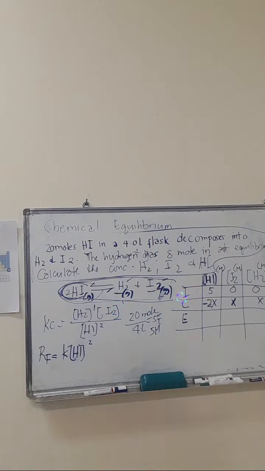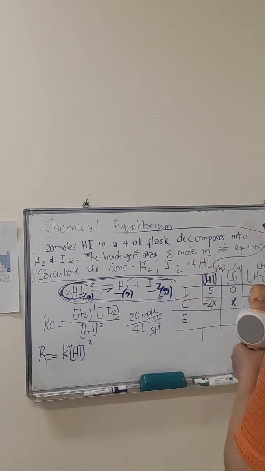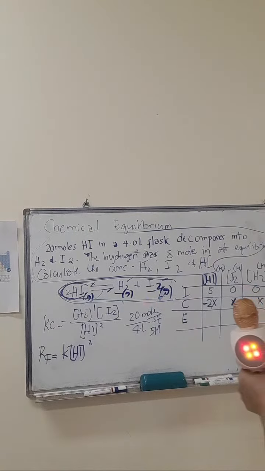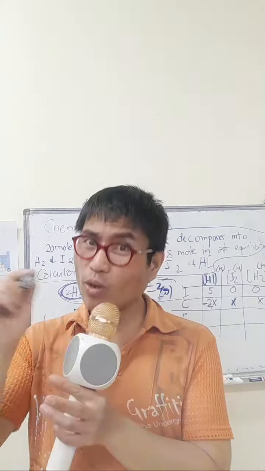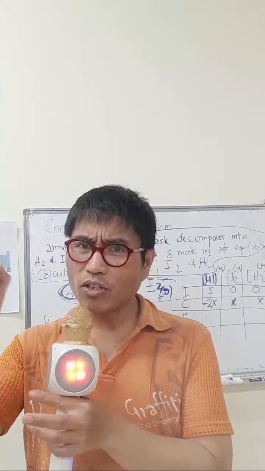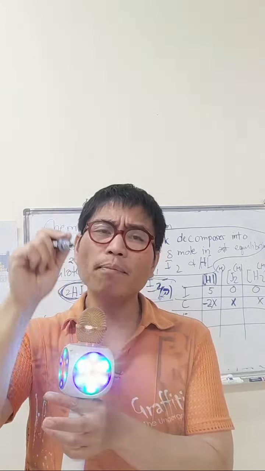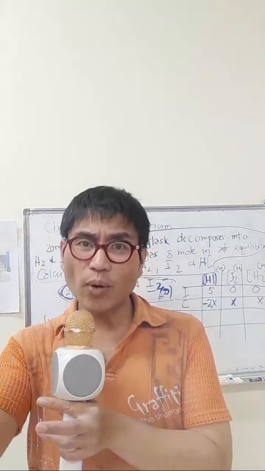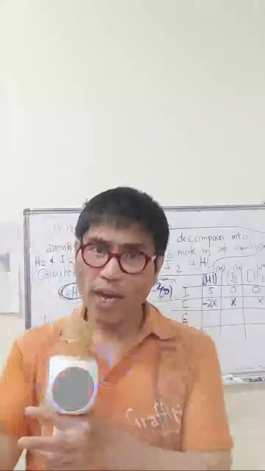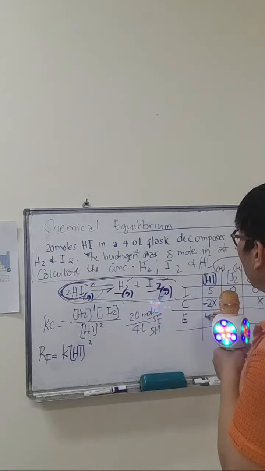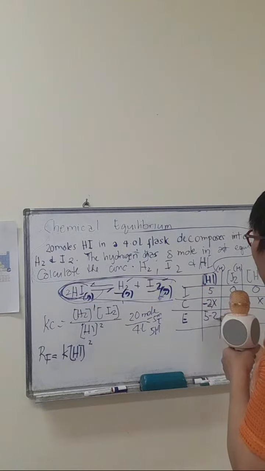For the equilibrium, we have to add the initial and the change. We add that because we need to equal that. Then 5 minus 2x, it's just like 5 plus negative 2x.